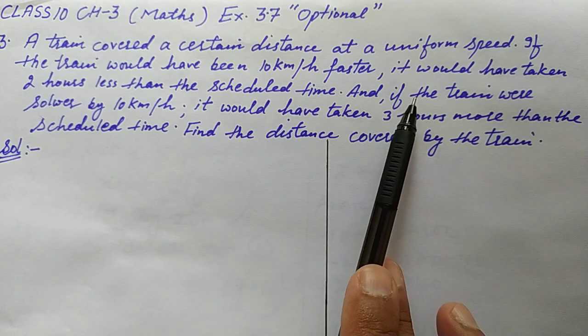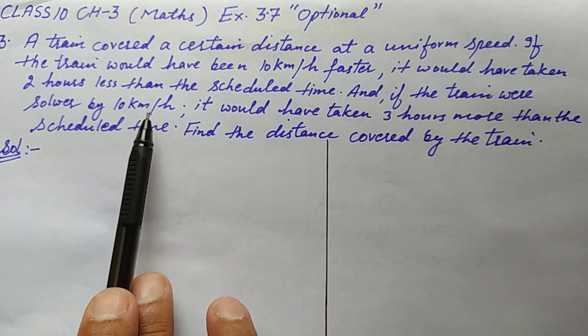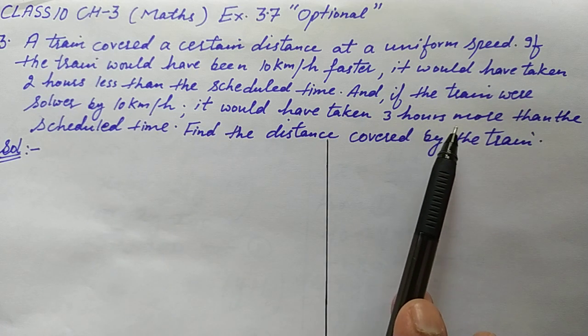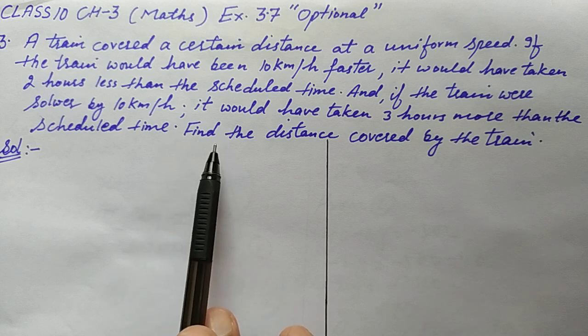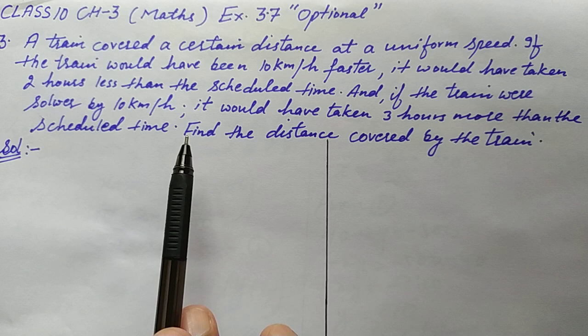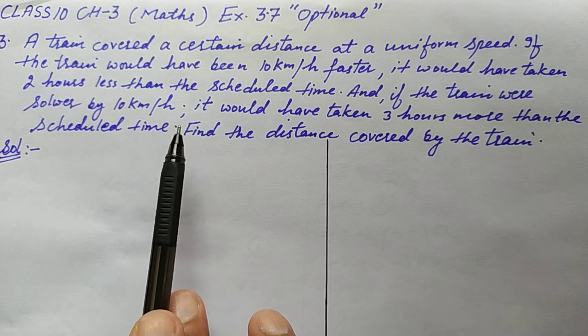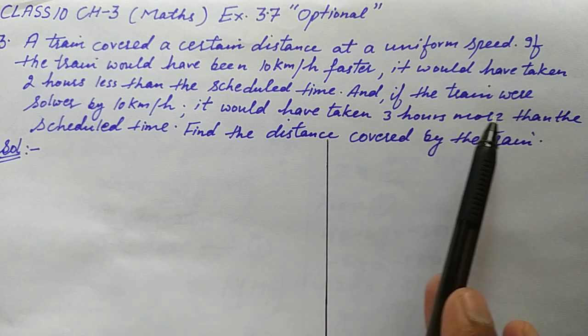Now the second option is, if the train were slower by 10 km per hour, then it would have taken 3 hours more than the scheduled time. It means if we slow the speed of the train by 10 km per hour, earlier it was x, now we are making it x minus 10, then it is taking 3 hours more.